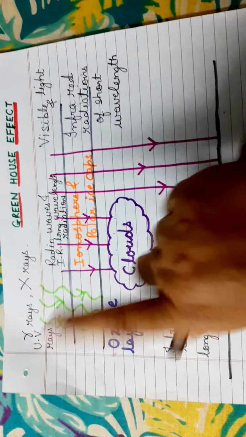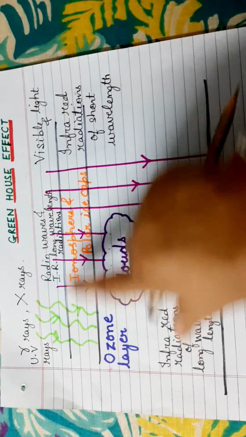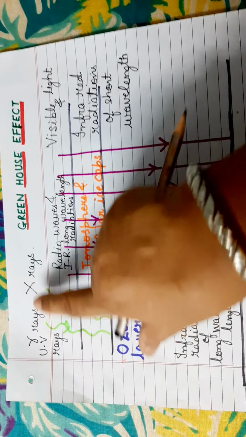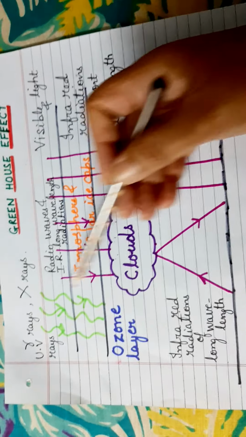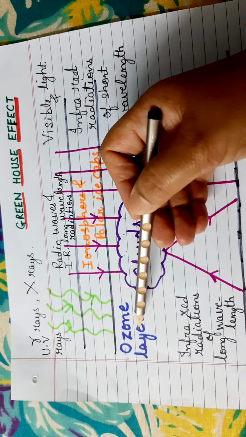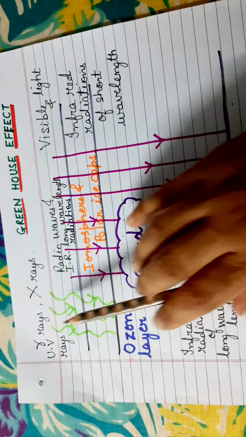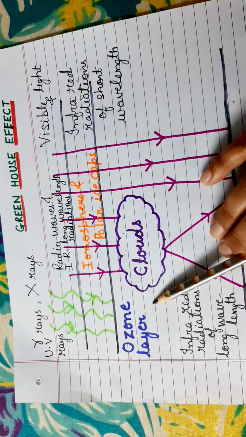Now, remember one thing, children: our earth's atmosphere does not let the gamma rays, the X rays and the ultraviolet rays enter the earth's atmosphere. Now what stops them from entering? The ozone layer. Okay, the ozone layer, which is formed naturally, does not allow the gamma rays, harmful X rays and ultraviolet rays to enter the earth.